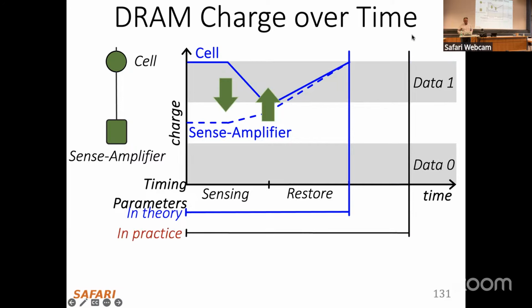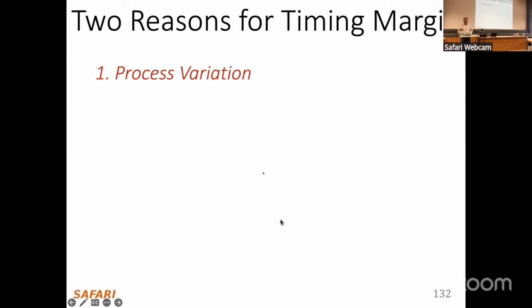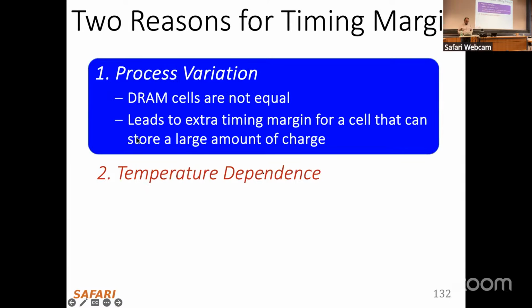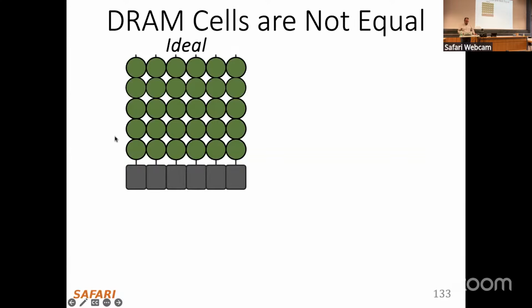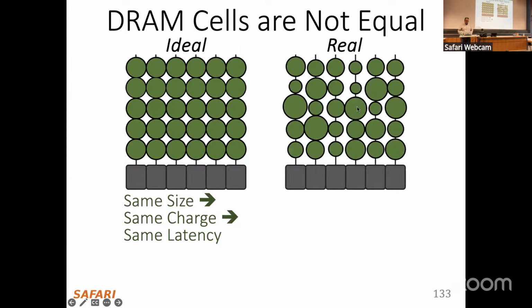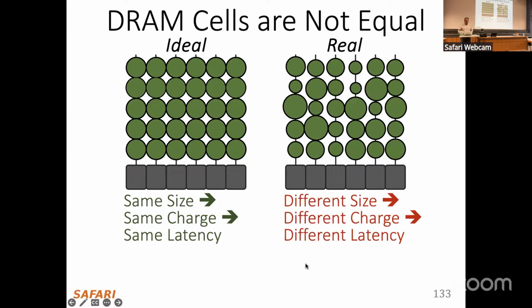But in practice, we have some margin here. There are 2 reasons: process variation and temperature dependence. We already discussed both of them, but here I can provide a bit more. Ideally, DRAM should be like this: all DRAM cells have the same size, same charge, and same latency. But in practice, we have different cells with different size, different charge, and in the end, different latency.